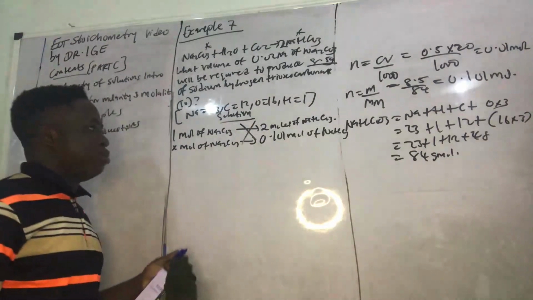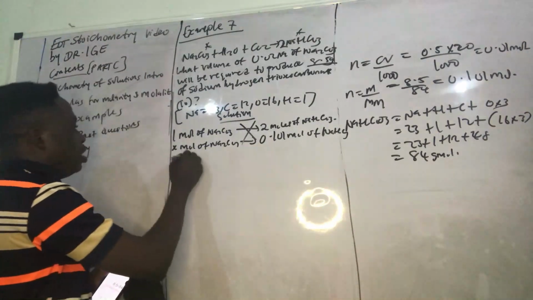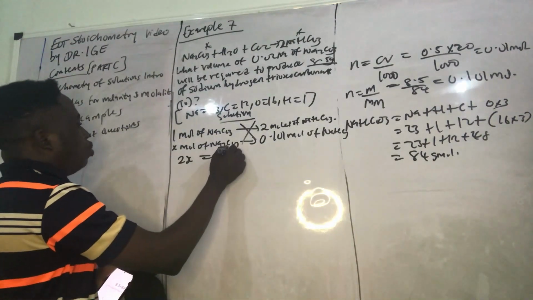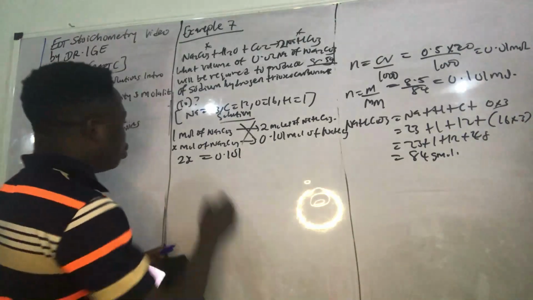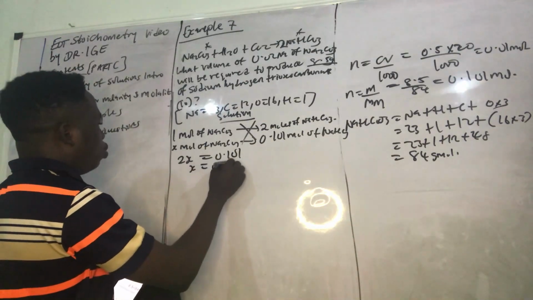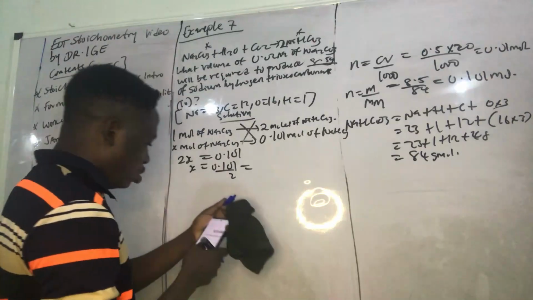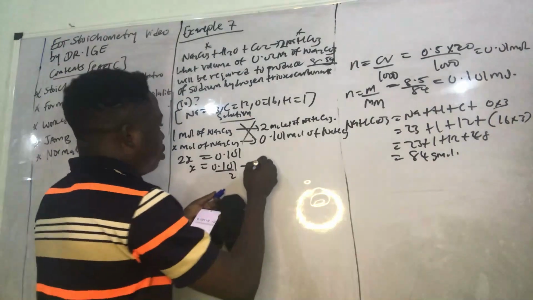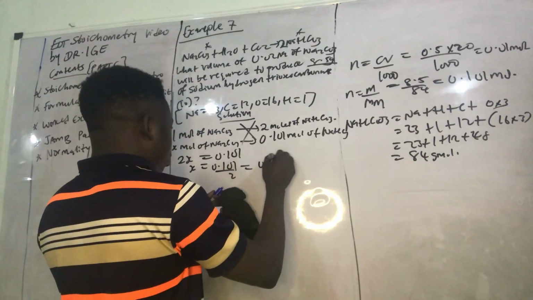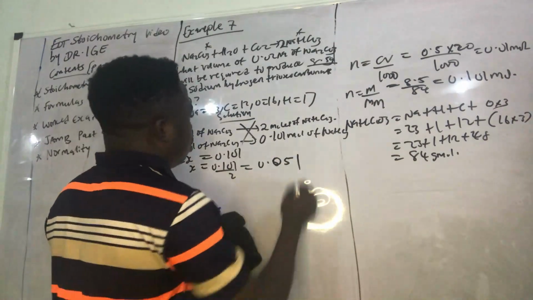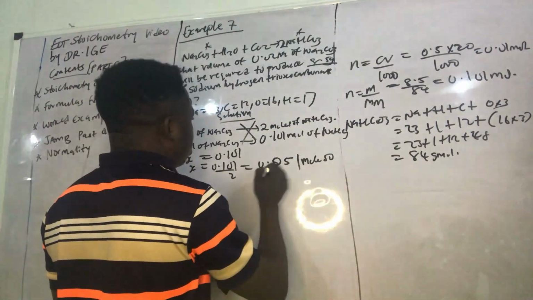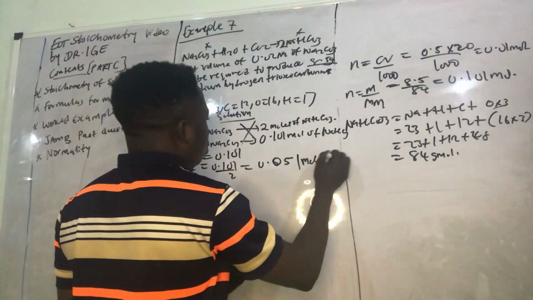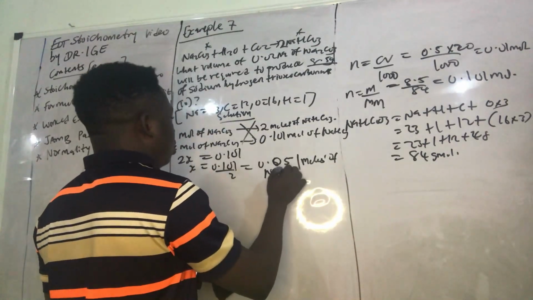What do you do? Multiply x times 2. We have 2x equals 0.101. So x is equal to 0.101 divided by 2. So we have 0.051 moles of Na2CO3.